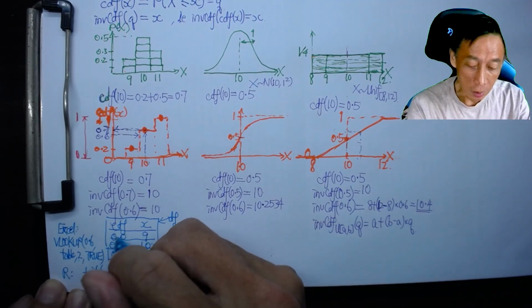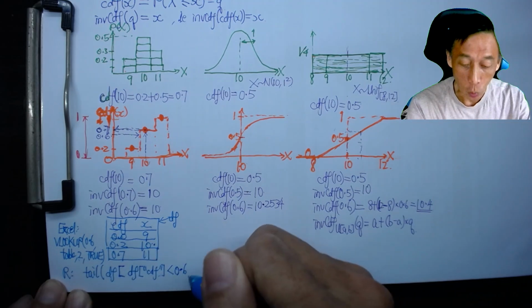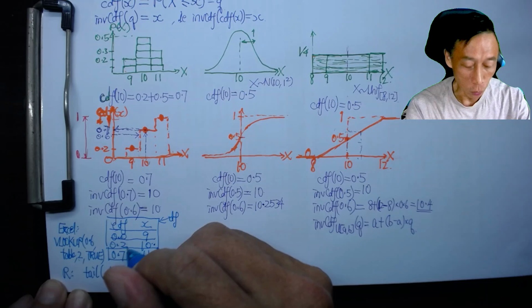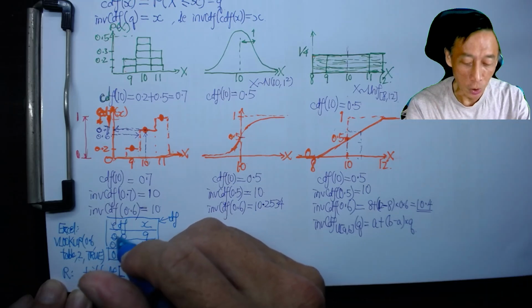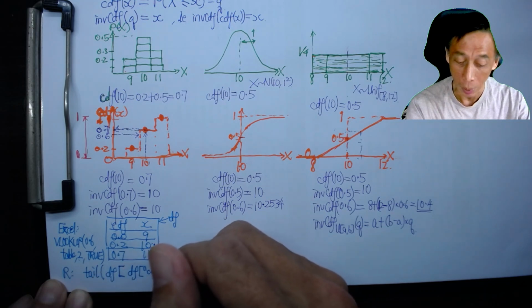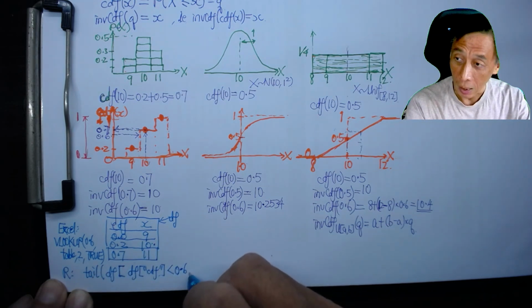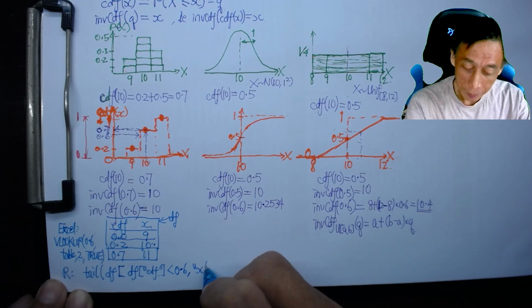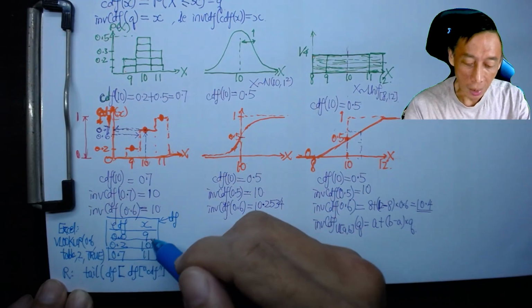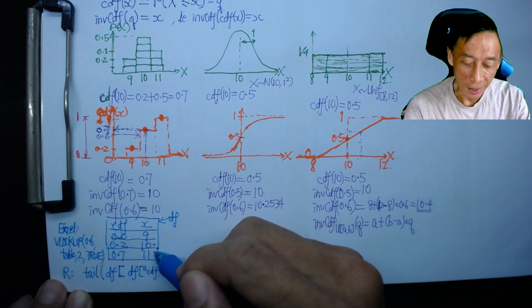Which are the rows? 0.0 qualifies, 0.2 qualifies, 0.7 out. So it will be 0.0 and 0.2. And from these, we don't want the whole row, which consists of 0.0, 9, 0.2, and 10. We just want the column X. So at this point, we will be extracting the vector 9 and 10.